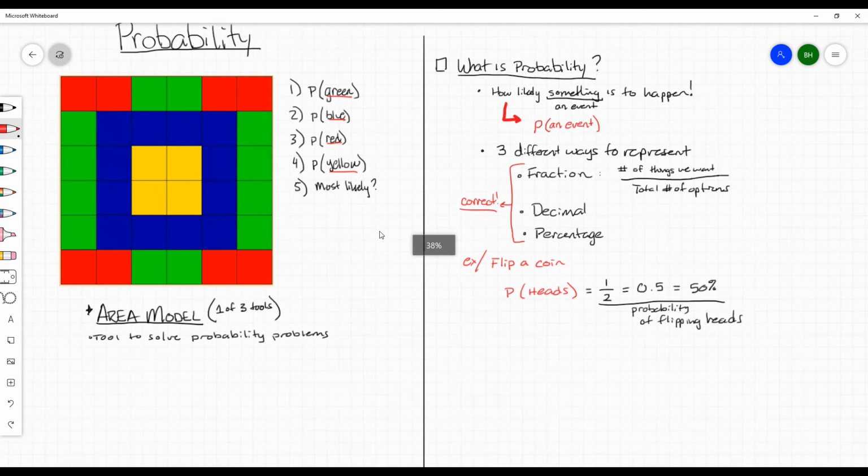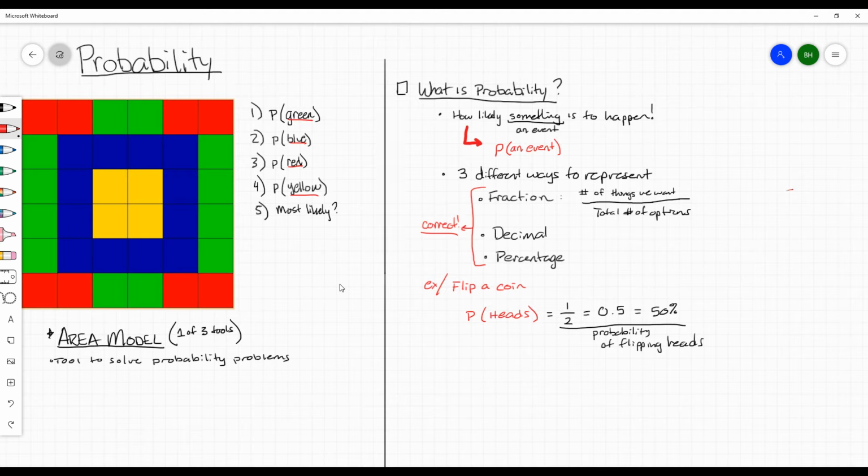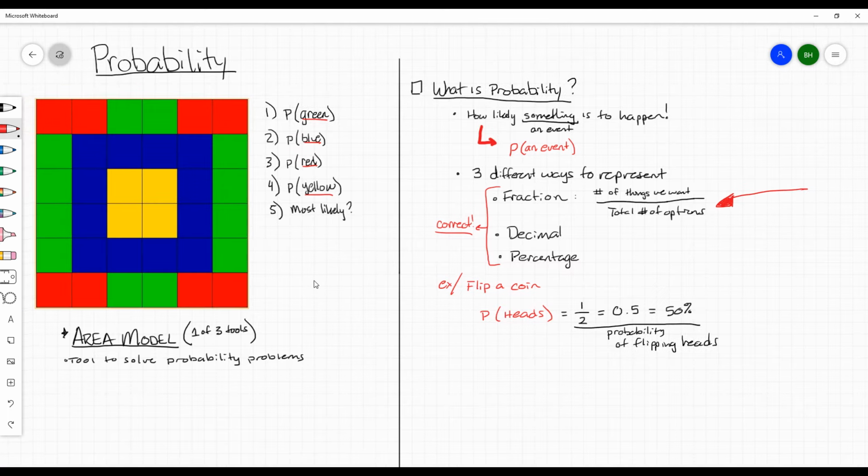If we look at our notes on the right side, when setting up a fraction we want to discover the total number of options, and we want that in the bottom of the fraction. If we count up all the squares, it's a 6 by 6 square, which means there are 36 possible tiles or spaces in this area model. So we can put 36 at the bottom of each fraction.